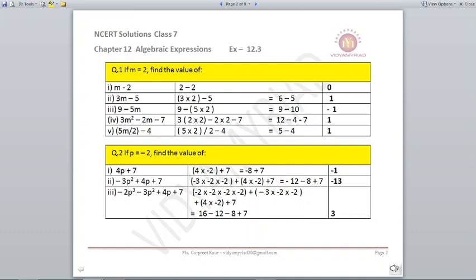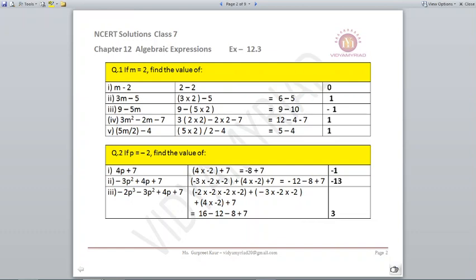So there are 3 negatives, and the ending result will be negative only. If you have even numbers, meaning the minuses are counted as an even number, here 4 minus signs are there, then your result will be plus. So minus 12, 4 into 2 is 8, but the sign will be minus, plus 7. Solve it, you will get the answer as minus 13.